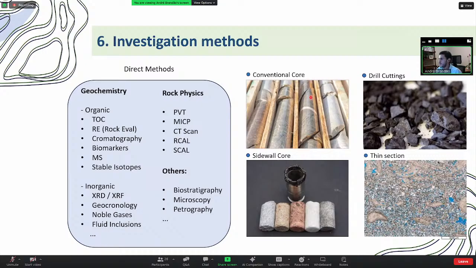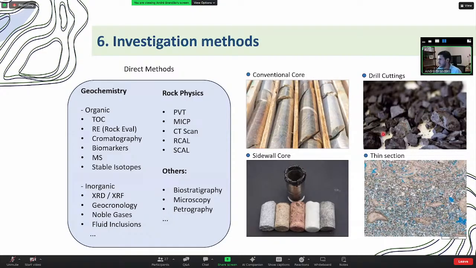So those rocks are preserved, and we can use them for different studies. So this is a conventional core. This is a side core, which is basically taken after the well is drilled, when equipment takes these plugs from the side of the borehole. These are the drill cuttings, which are the result of the crushing of the drill bit and the fluid bringing those to the surface.